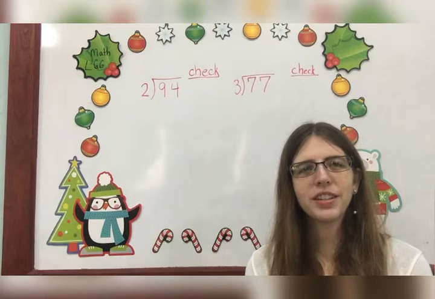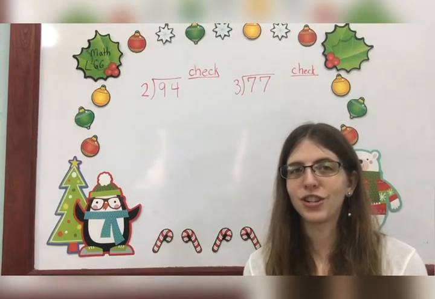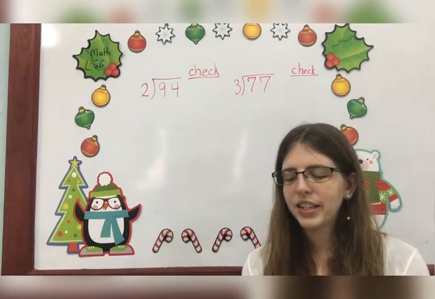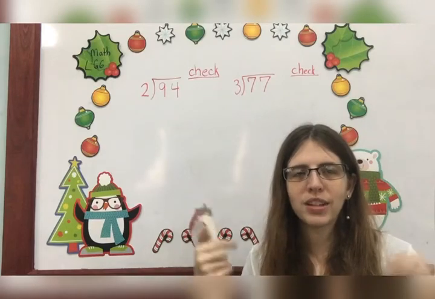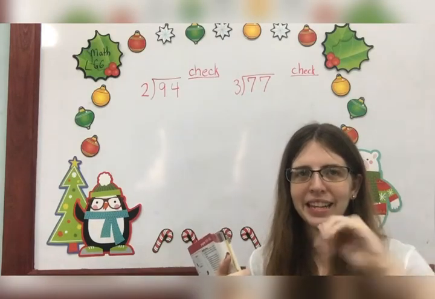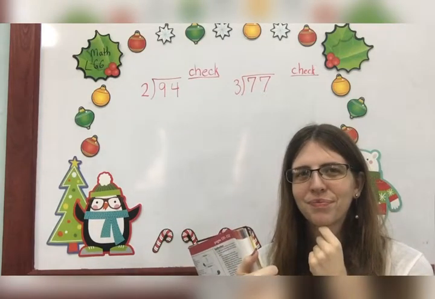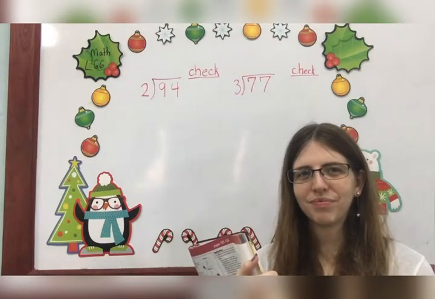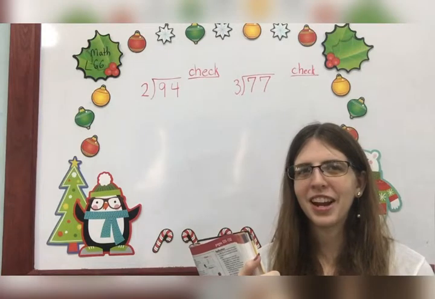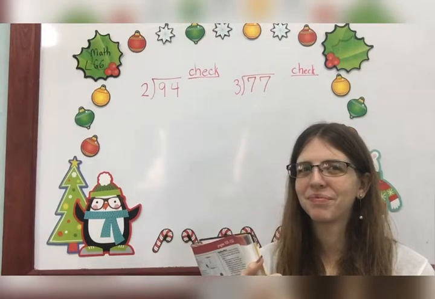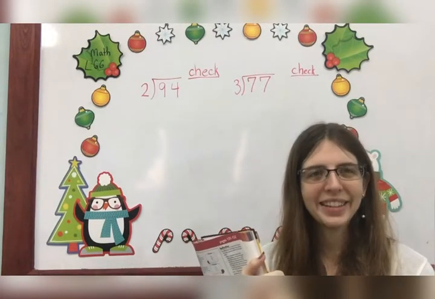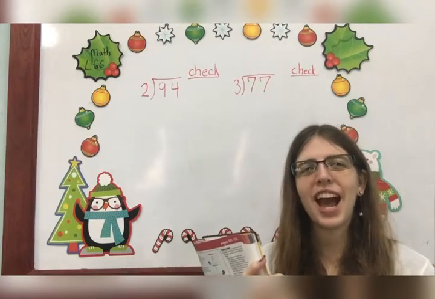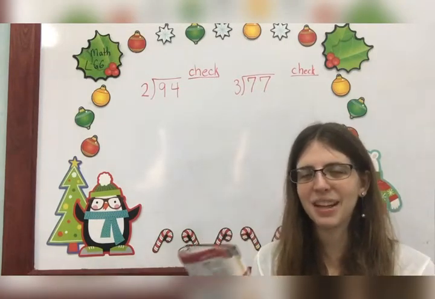Quart. What does a quart measure? Does it measure time, like on a clock? Does it measure length? Or does it measure capacity? Ariel? Capacity, very good. It measures how much can fit inside something.